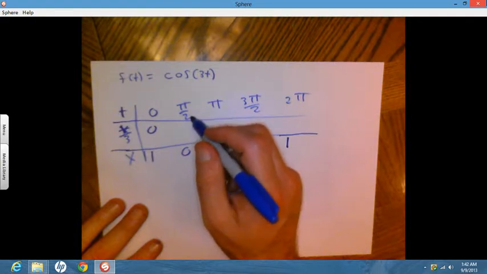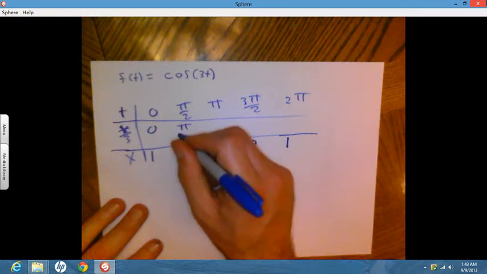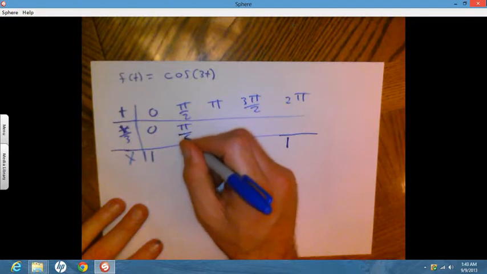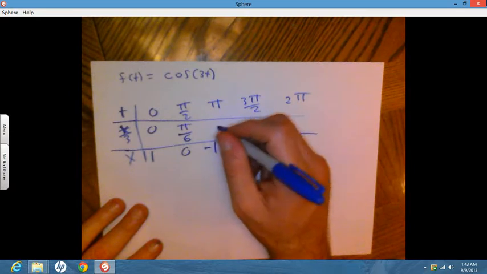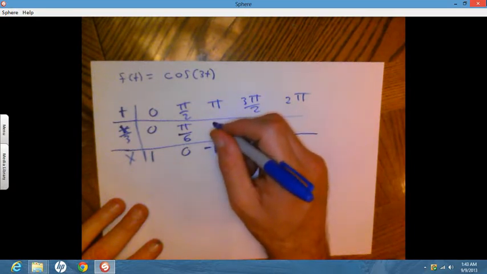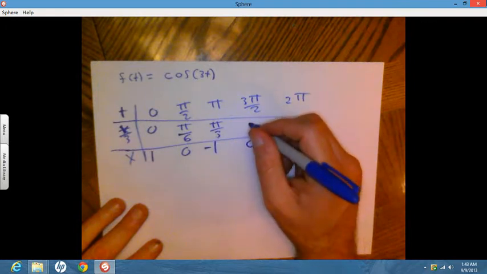Then we have pi divided by 3, which is just going to be pi over 3. This is going to be 3 pi over 2; if we multiply by 1/3, it's the same as dividing by 3. The 3's cancel, so this will just be pi over 2. And then if we divide 2 pi by 3, this becomes 2 pi over 3.